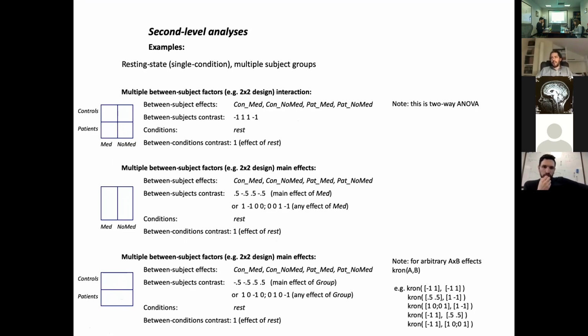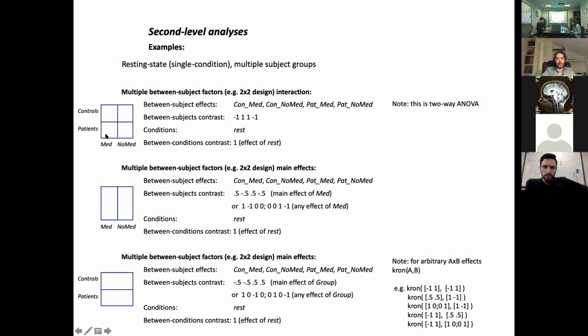I mean, this is still all between subjects, right? We talked about 2 groups and 3 groups, but we didn't talk about ANOVA designs, like a repeated measures, 2x2 design or 2x3 design. Sometimes you have multiple groups organized in this type of ANOVA way where you have these cells, right? For example, you have controls and patients, and you have medicated versus non-medicated subjects.